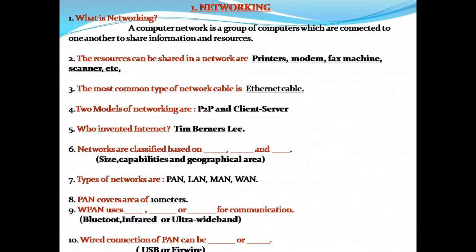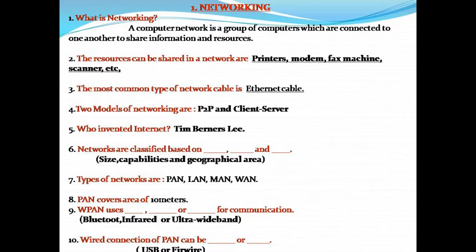Question number 2. The resources that can be shared in a network are, what are the resources we can share? Yes, printer, modem, fax machine, scanner, etc. Question number 3. The most common type of network cable is, yes, Ethernet cable.